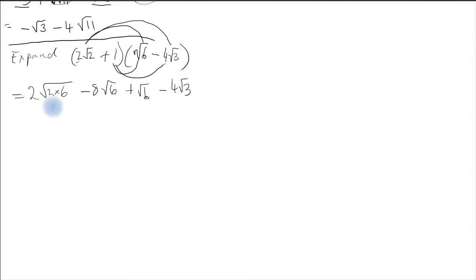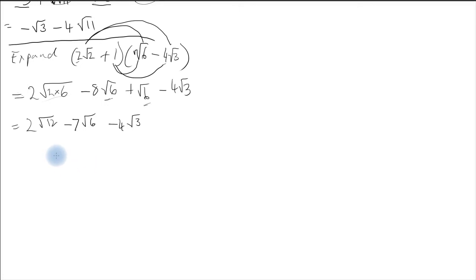So now I better complete this bit here. Now I've got a root 6 term and another root 6 term, so they're like surds. So that's going to be minus 7 root 6 there, and minus 4 root 3.